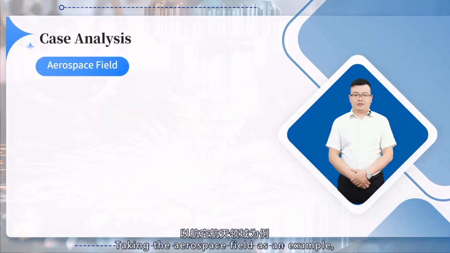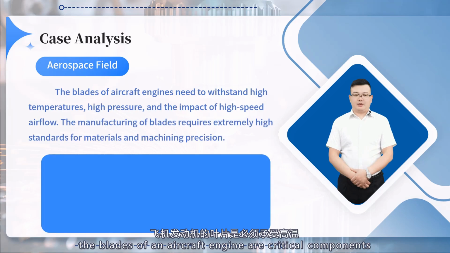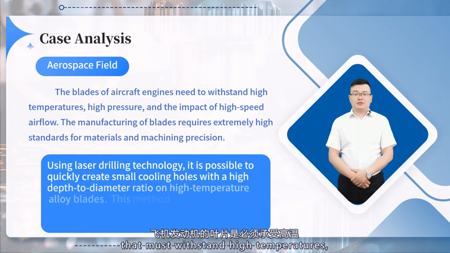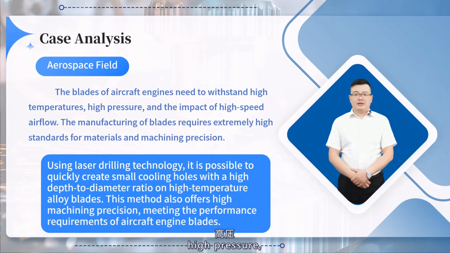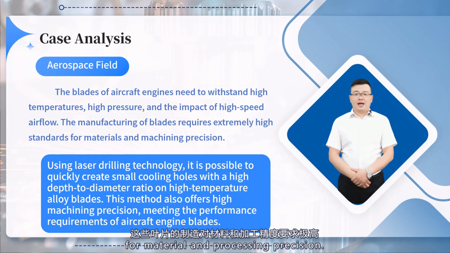Taking the aerospace field as an example, the blades of an aircraft engine are critical components that must withstand high temperatures, high pressure, and the impact of high-speed airflow. The manufacturing of these blades demands extremely high standards for material and processing precision.